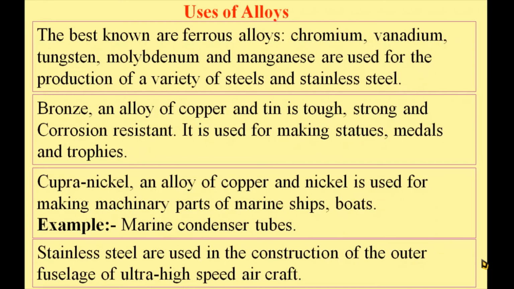Stainless steel is used in the construction of the outer fuselage of ultra high speed aircraft. The outer covering for the part of a high speed aircraft which is exposed to the atmosphere is manufactured from stainless steel.